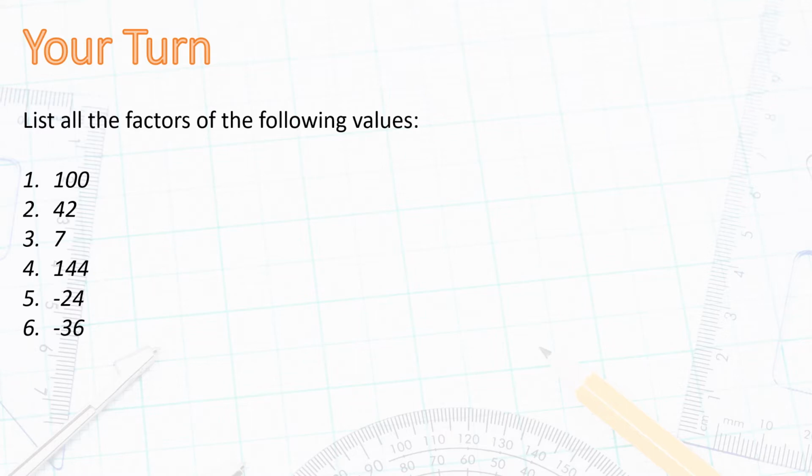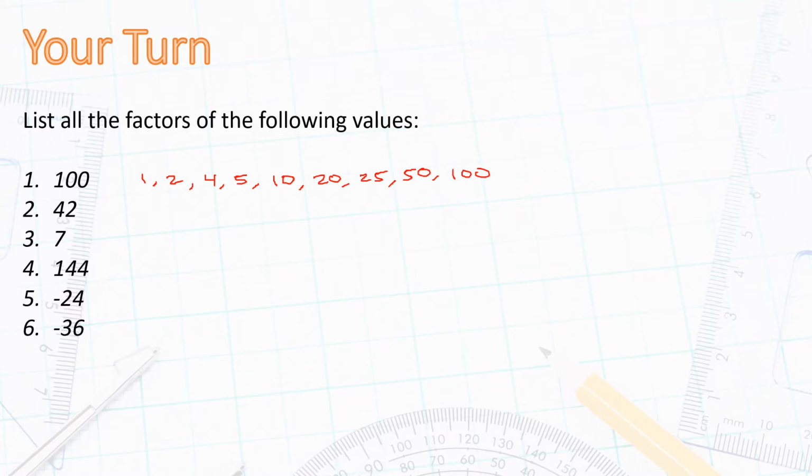Okay, so for 100, we've got 1, 2, 4, 5, 8, 9, 10. So we got 10 times 10, and then 5 times 20, 4 times 25, 2 times 50, and 1 times 100.